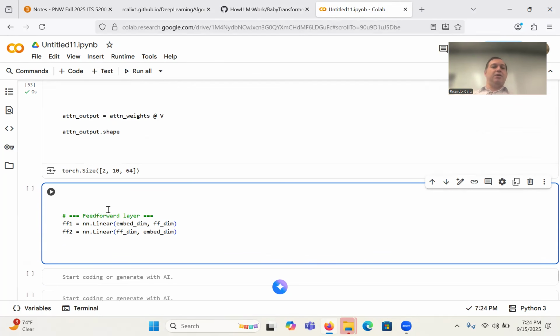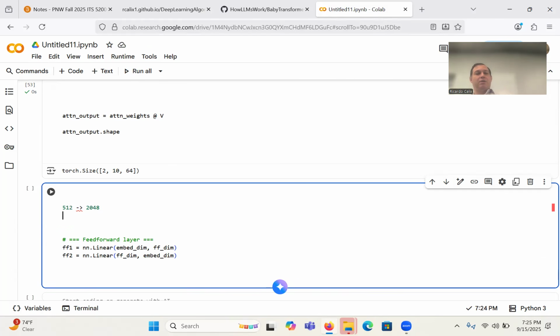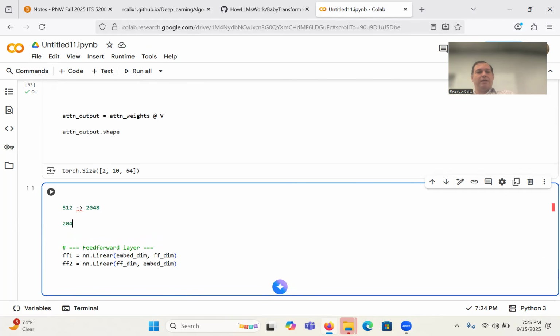So that's like what I did in the previous example, where I went from 512 to 2048. You guys remember that? And then I went from 2048 to 512.